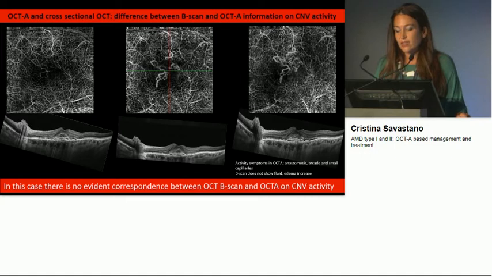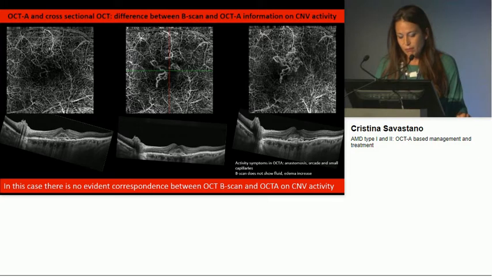This is another case in which the CNV activity does not have well evident correspondence between OCT angiography and cross B scan, like in these cases. Here, between OCT angiography in one step and 1 week after, we can see a reopening of the new vessel that show a bigger flow inside.